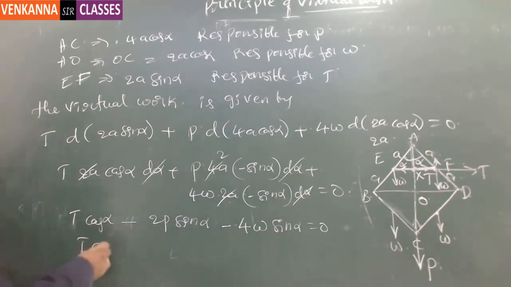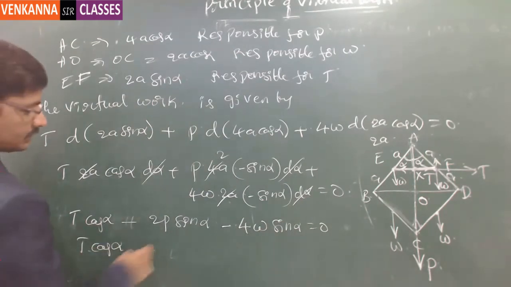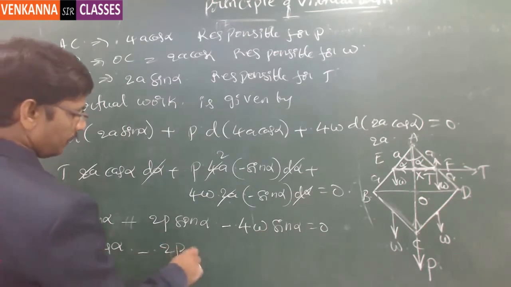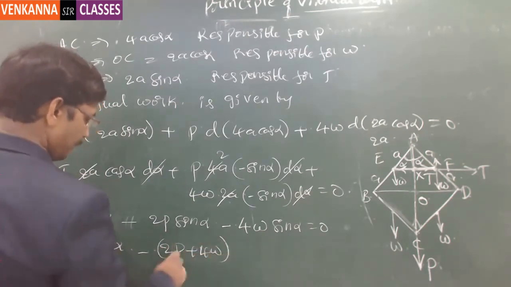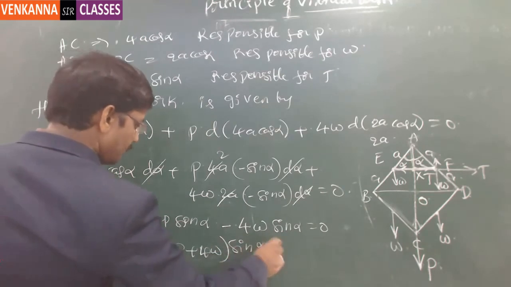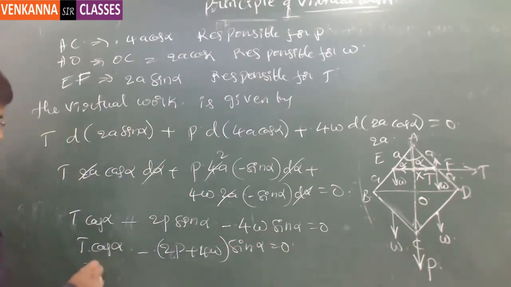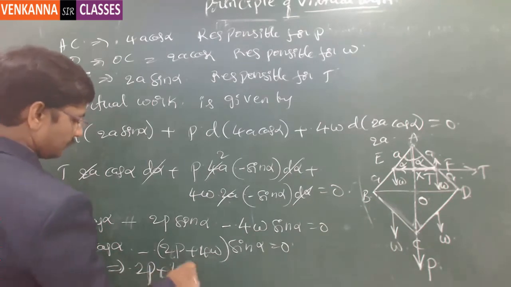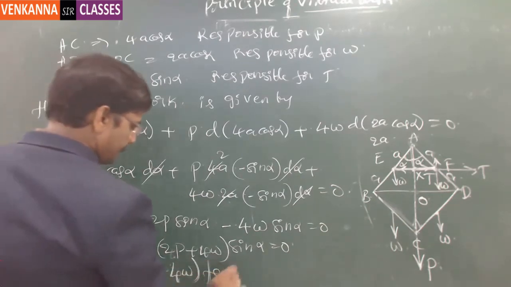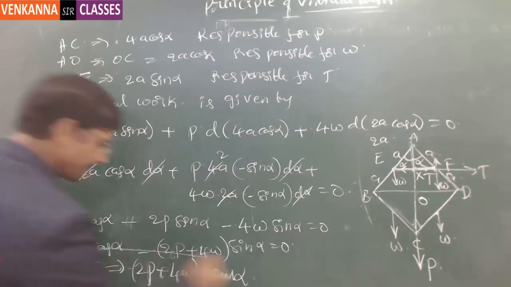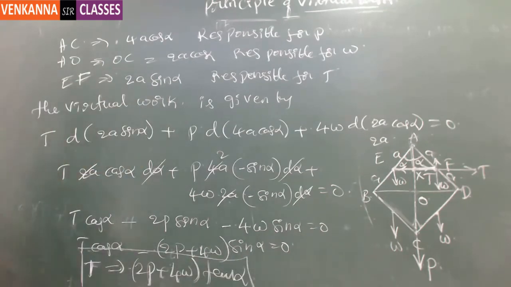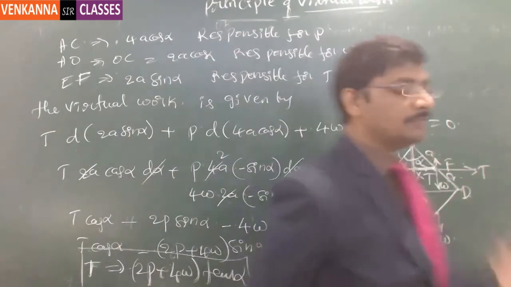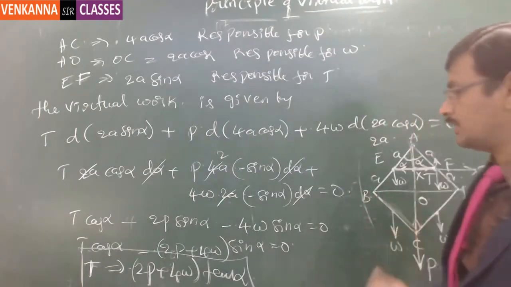So T cos alpha minus (2P plus 4W) times sin alpha equal to 0, or T equal to (2P plus 4W) times tan alpha. So this is the thrust that is going to be developed because of this particular structure. Got it?